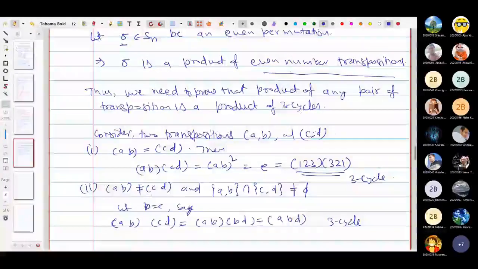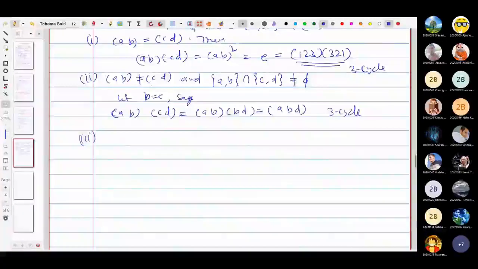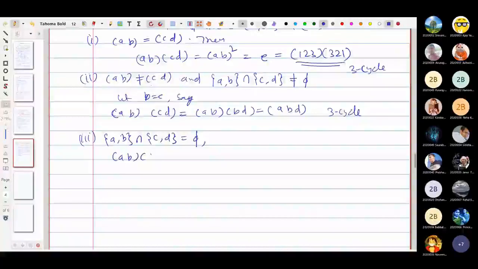Let us consider the third case, where the intersection of AB and CD is empty. That is, there is nothing common, so of course they cannot be equal. So let us write AB and CD.